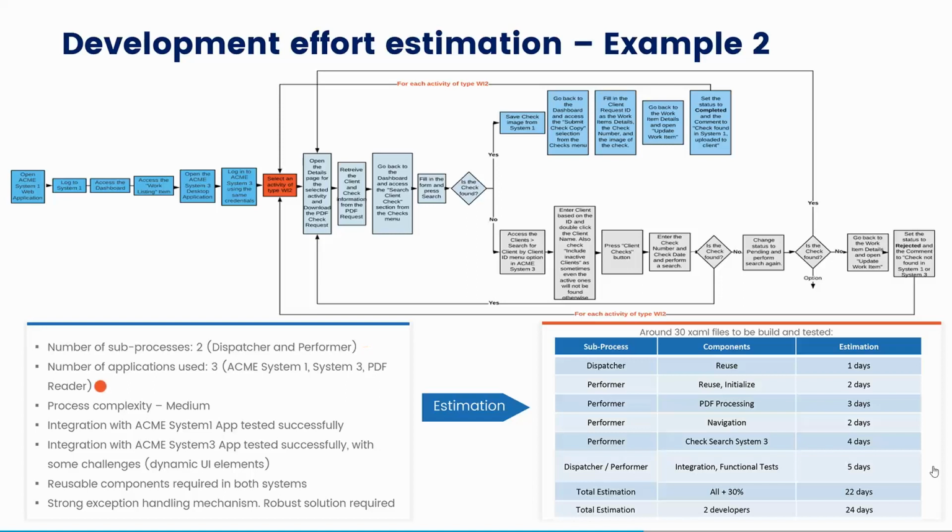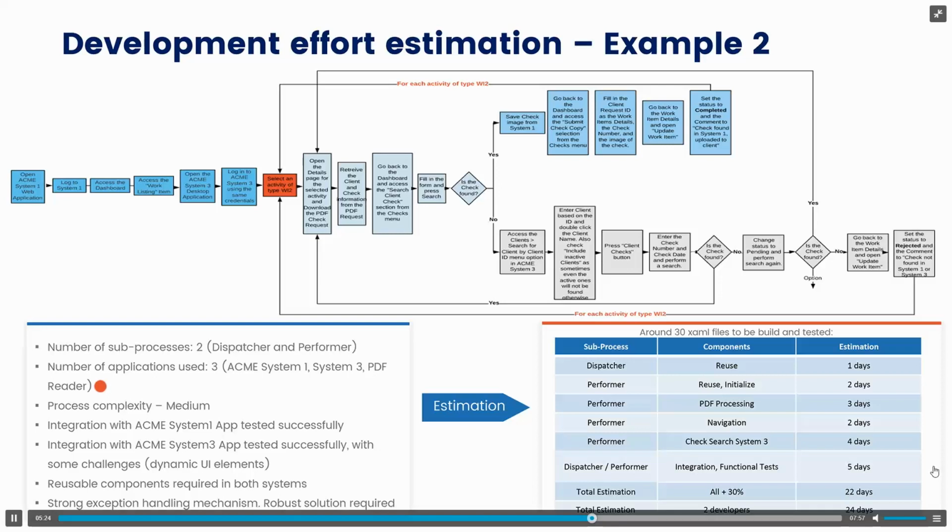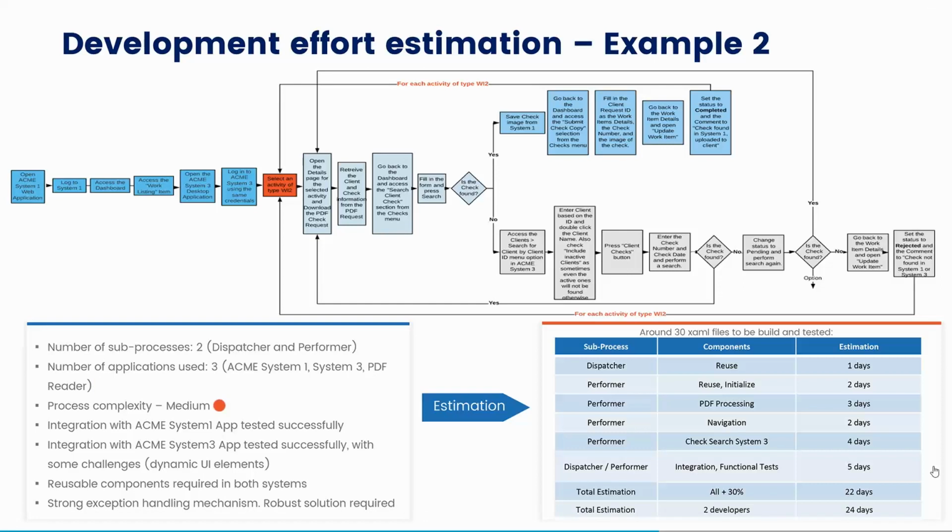This time we have three applications we're using, Acme System 1, Acme System 3, and a PDF reader. The process has more business rules, so we set the process complexity to medium. We've already tested the integration from UiPath Studio to Acme System 1, so no news there. While testing Acme System 3, we found some challenges in the reliability of selectors.